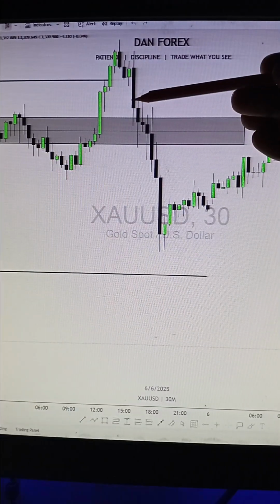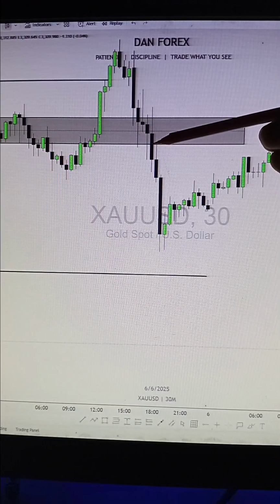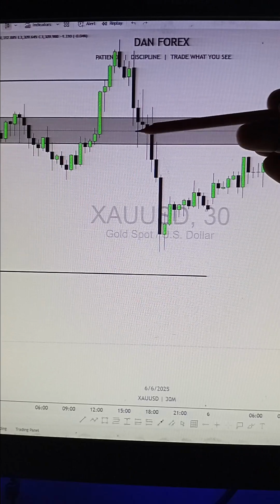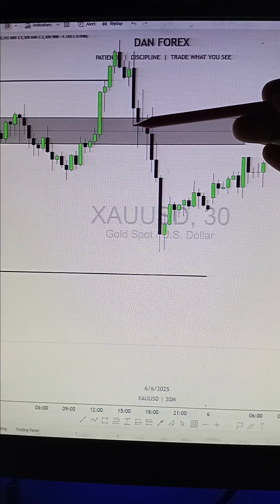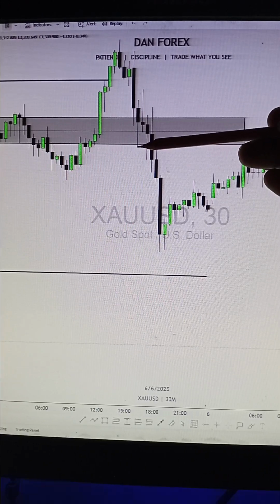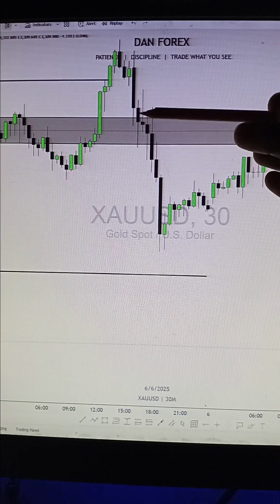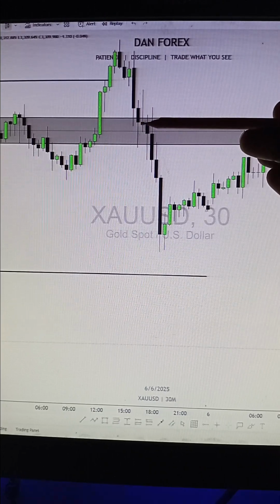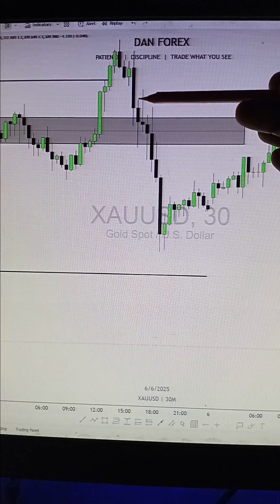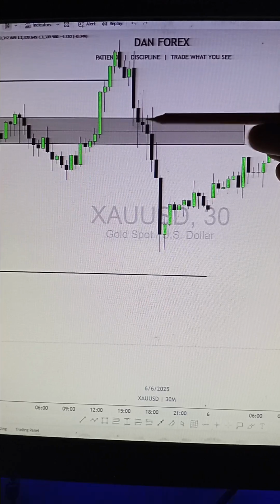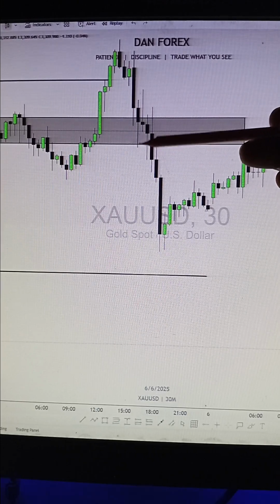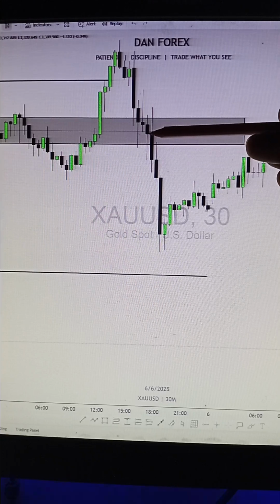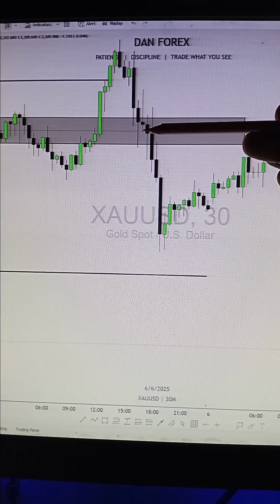Do you see this candle and this one, and then this? This candle is weak, and this candle swept this candle and closed inside. Then this candle swept the high but closed inside. This candle swept the low of this candle and closed inside the range but below the low of this.